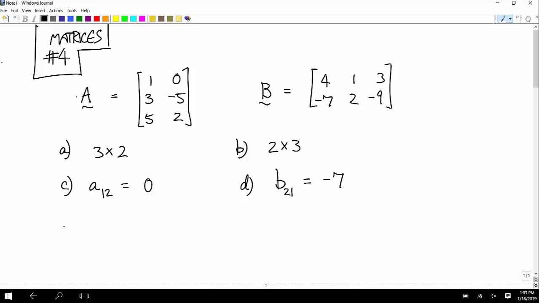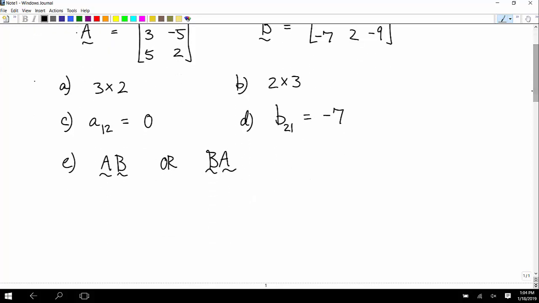And then, which one can we calculate? Can we calculate AB or BA? So multiplying with A on the left and B on the right, or multiplying with B on the right and A on the left. They might both be possible, actually.